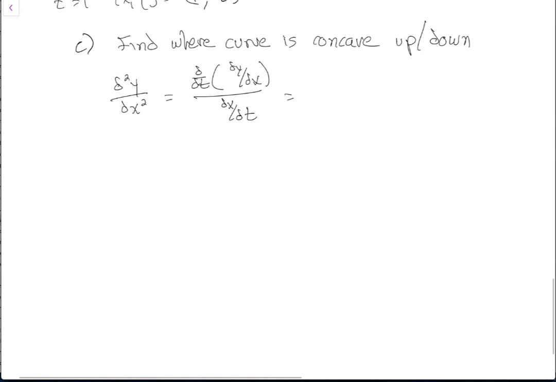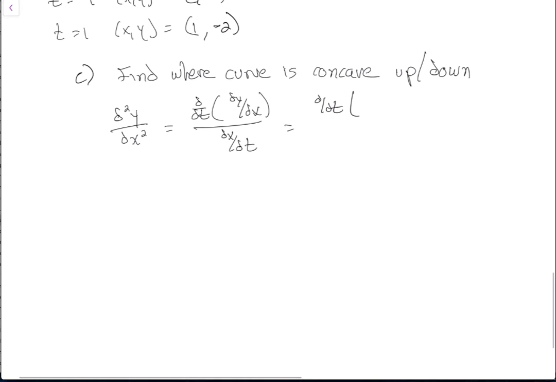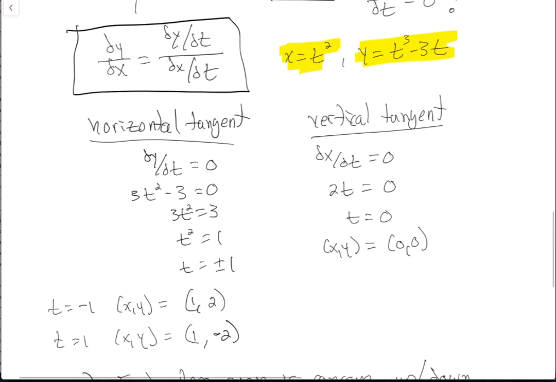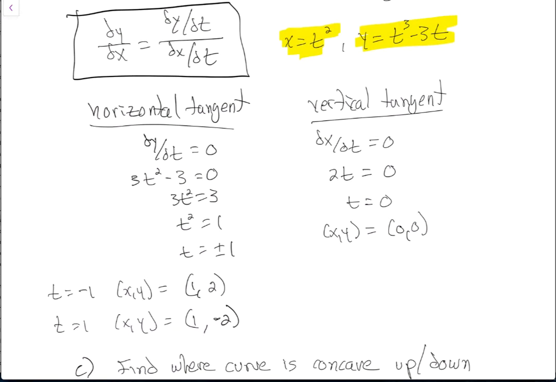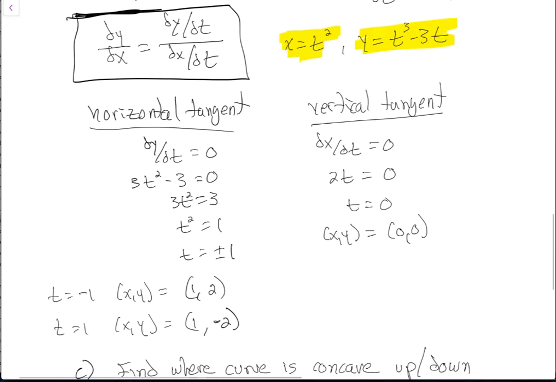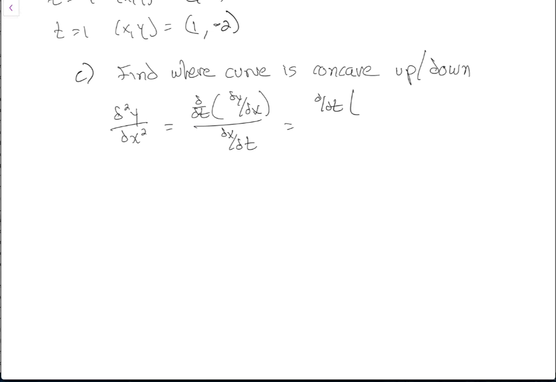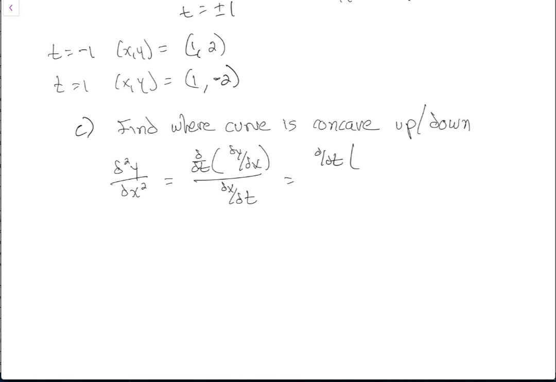Now, we're taking the derivative with respect to t of dy/dx, and we have dy/dx. Where's dy/dx at? Well, we didn't officially build dy/dx, right? So the dy/dx that we have here is going to be dy/dt over dx/dt, right? So for x equals t squared, y equals t cubed minus 3t. Let me rewrite. I want to have that reference here. Okay. So we have x equals t squared, y equals t cubed minus 3t.